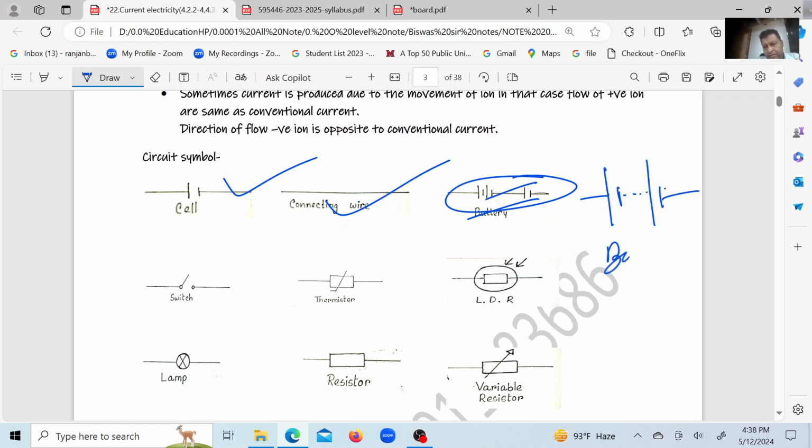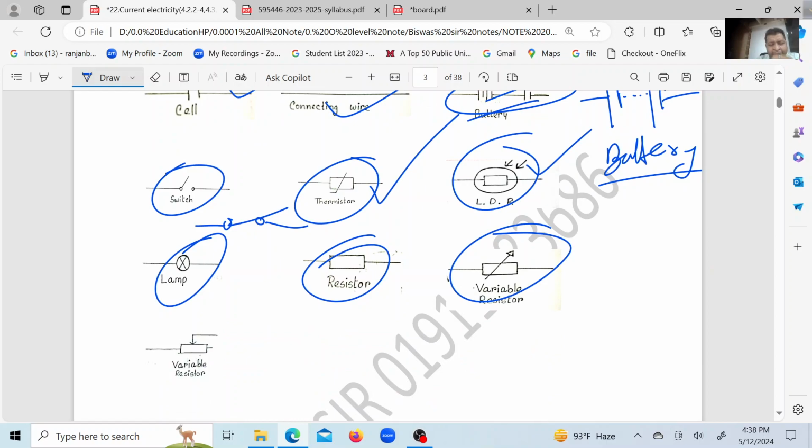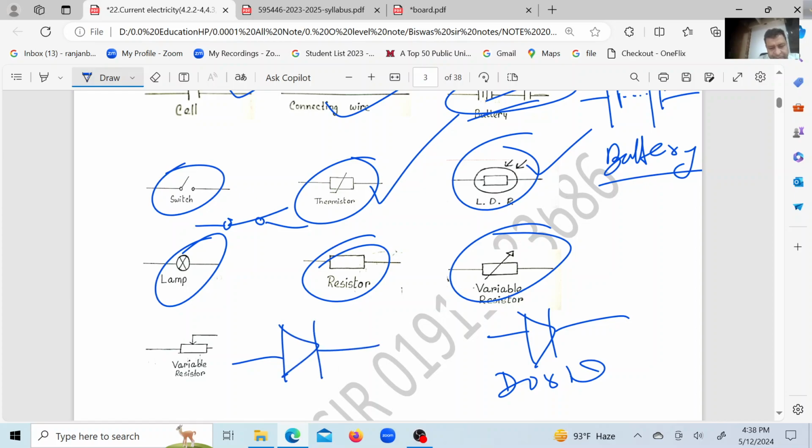This is the battery, where many cells are added to make it. Switch open, switch closed is this. Thermistor, LDR, lamp, resistor, variable resistor. Along with this, other diode and LED. Okay, these are circuit symbols.